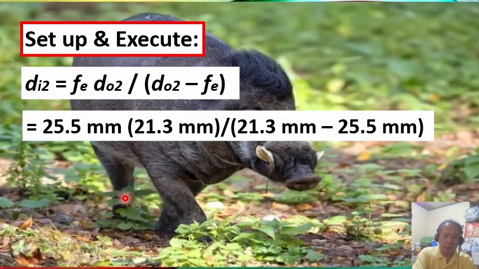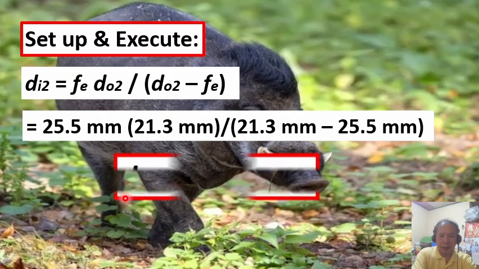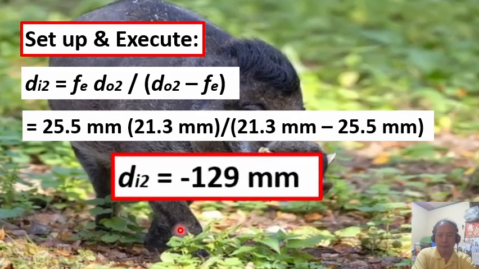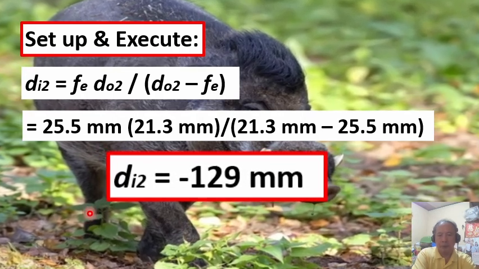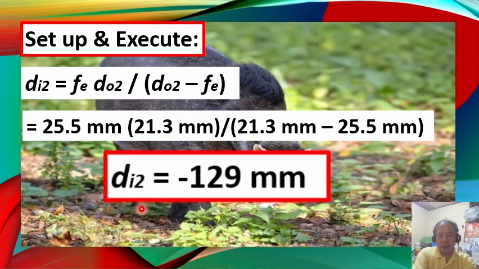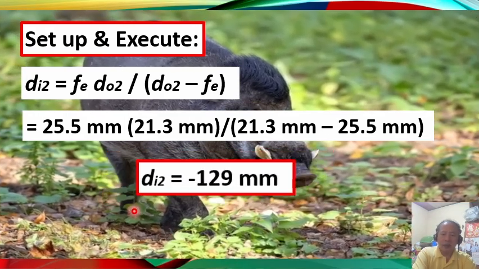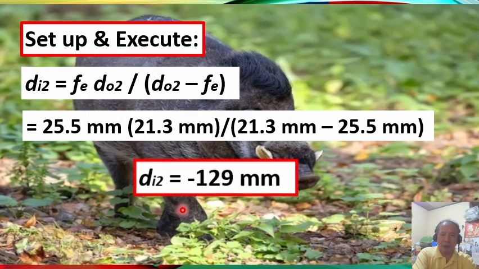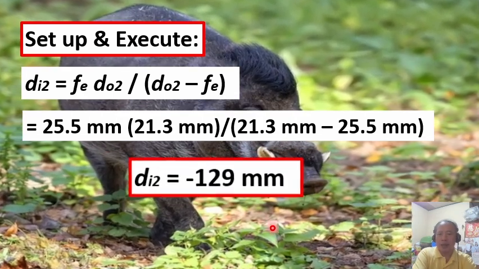So when we do our math, we finally arrive at the value of the target variable in our problem. All right. The distance, d sub I2, or how far the final image is from the eyepiece?